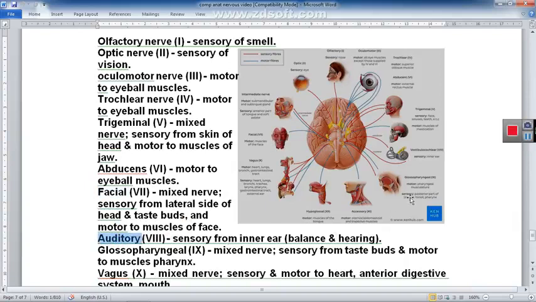The eighth cranial nerve is the vestibulocochlear nerve, because it is related to sensations transmitted from the inner ear, that is balance and hearing. The ninth cranial nerve is the glossopharyngeal nerve, because it is a mixed nerve related to carrying sensation of taste buds and also responsible for motor supply of muscles of the pharynx.